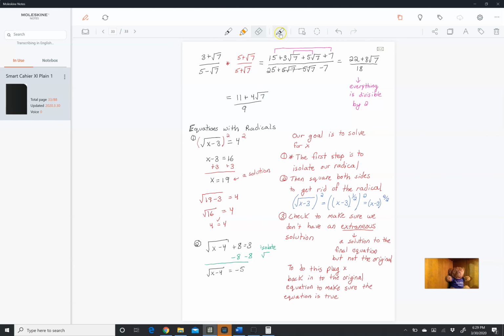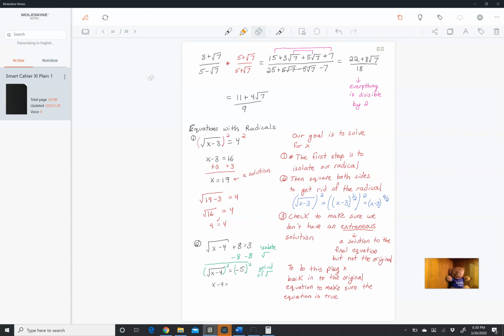Now we're going to go through and we're going to square both sides. Okay, that gets rid of the radical. The whole negative 5 gets squared. So the point of doing that is to get rid of our square root sign. Okay, and that is going to leave us with just x minus 4.